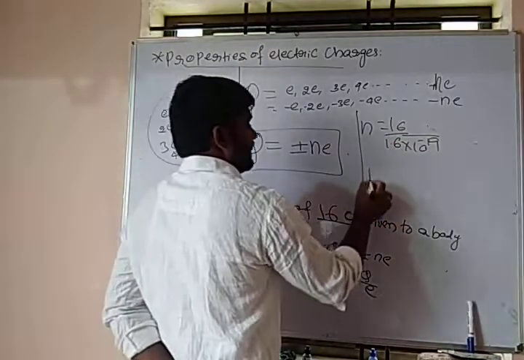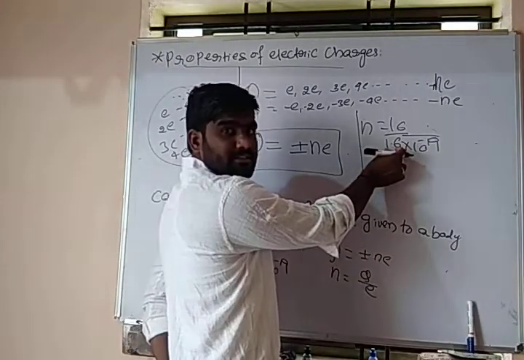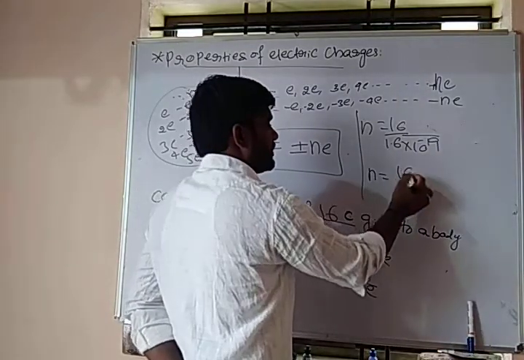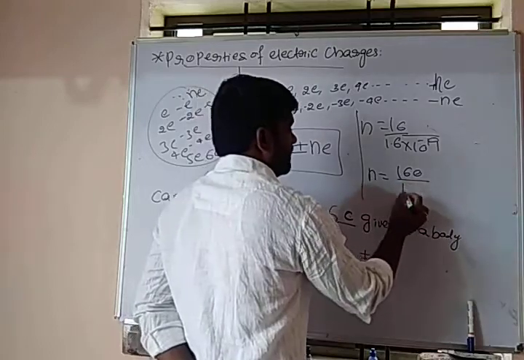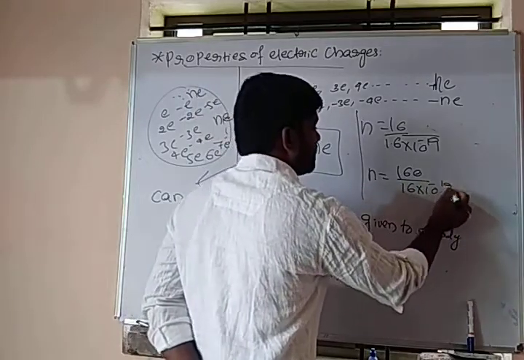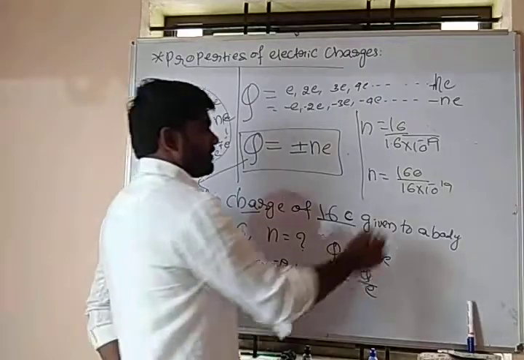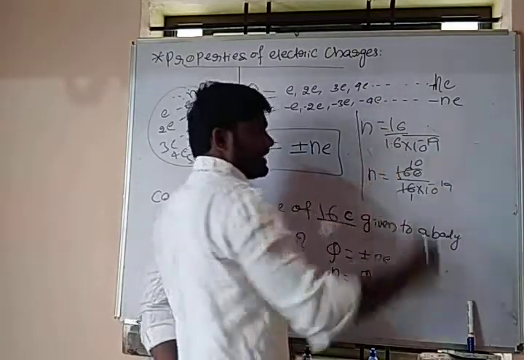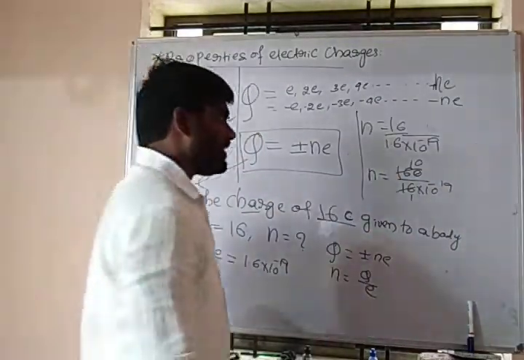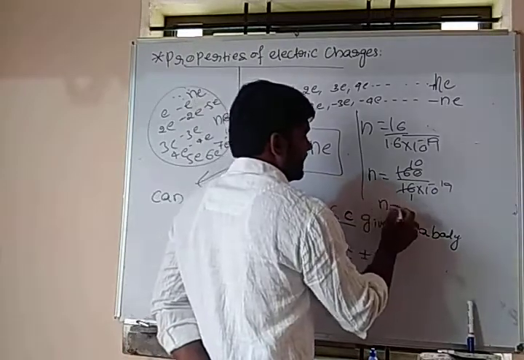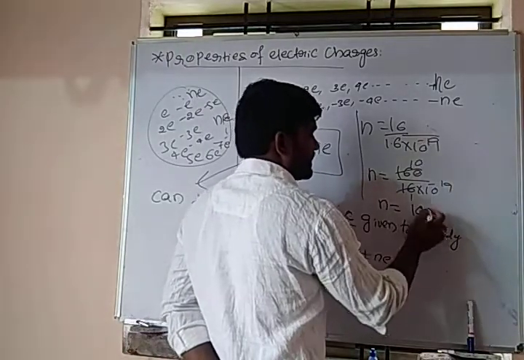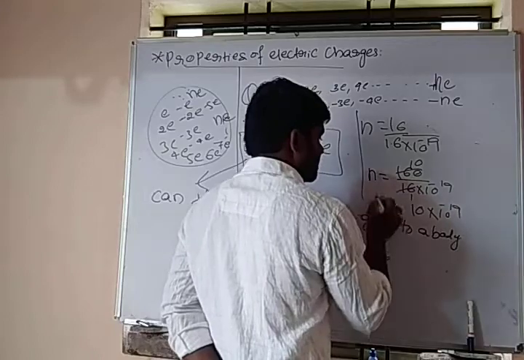If I remove this point and keep the zero upper side, divided by 16 into 10 to the power minus 19... so 16 1s, 16 10s.